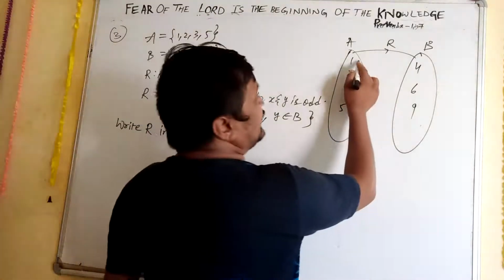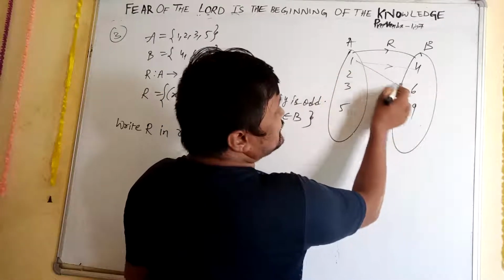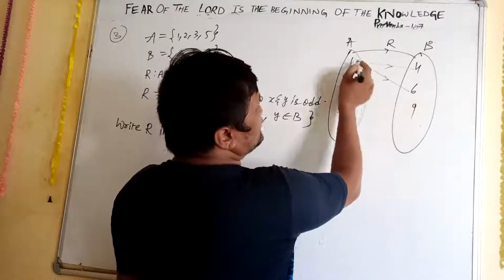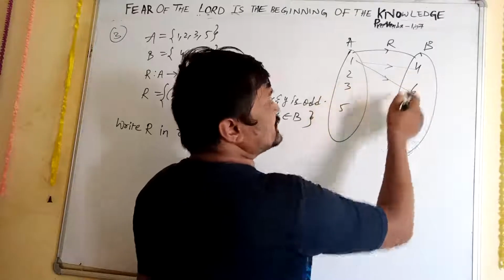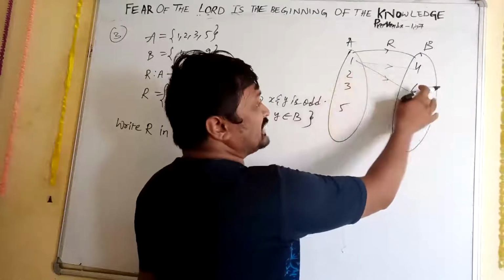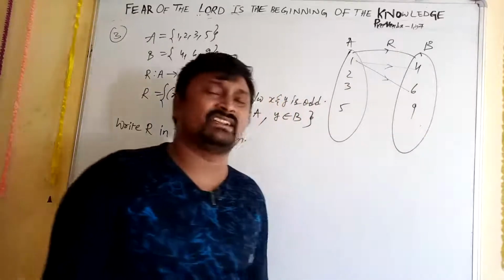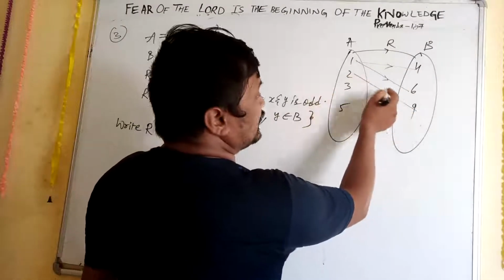So 1 minus 4, you get an odd number. 1 minus 6 also you get an odd number, 5. And 1 minus 9 is 8, so we cannot take that. Then 2 minus 4 is an even number. 2 minus 6 also even. 2 minus 9, 9 minus 2, how much is it? 7. So 7 or minus 7, that is an odd number.